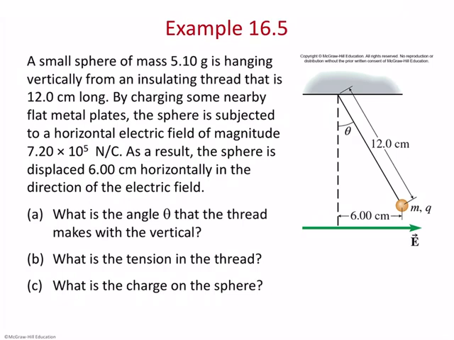All right, example 16.5. This says that a small sphere of mass 5.1 grams is hanging vertically from an insulating thread that's 12 centimeters long. By charging some nearby flat metal plates, the sphere is subjected to a horizontal electric field. Okay, so kind of like before, now we've pushed it away from the center.